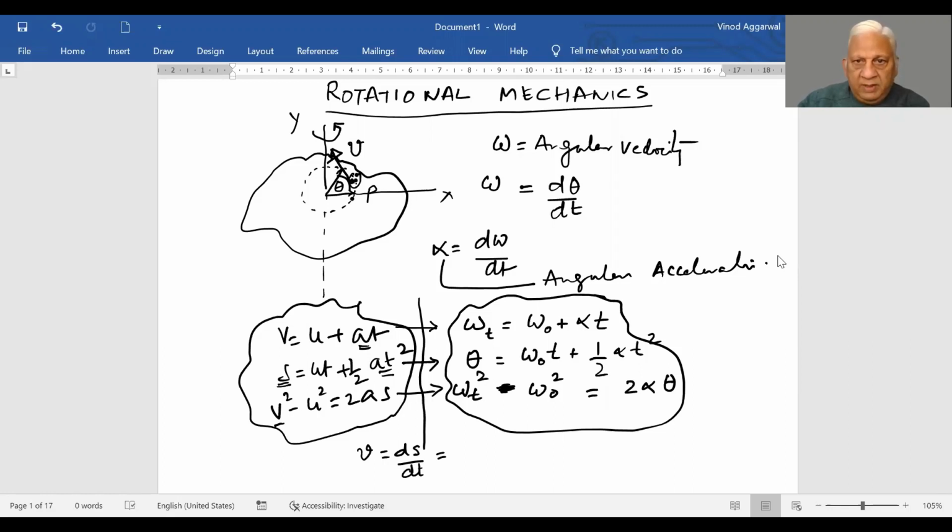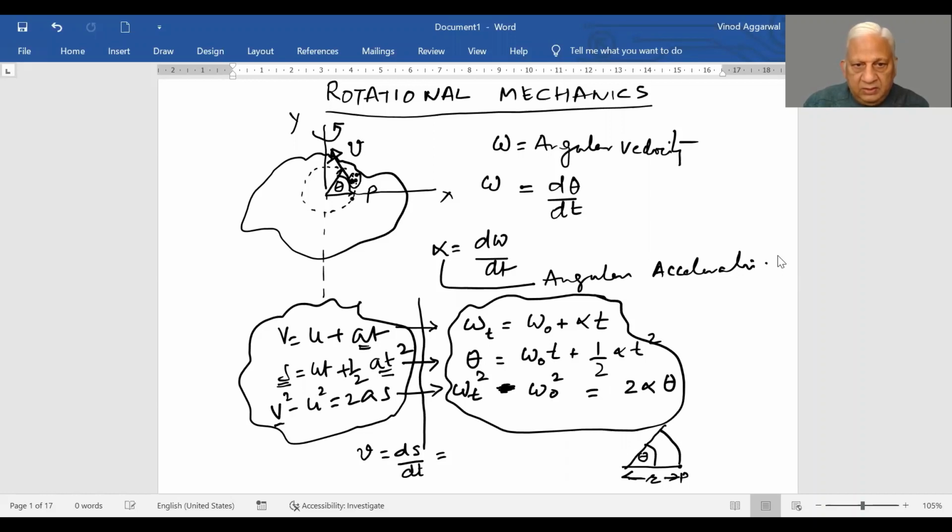And if I magnify this, let us say this was the particle P which was rotating, and it came to this final state, sweeping an angle of theta, and the radius of circle is r.